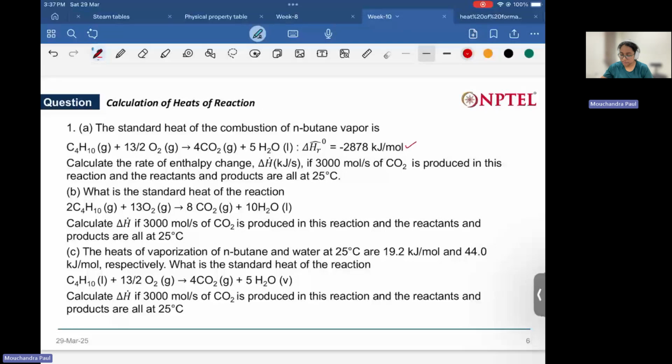This is the equation. So we have to calculate the rate of enthalpy change if 3000 moles of carbon dioxide is produced in this reaction, and the reactants and products are all at 25 degrees Celsius.